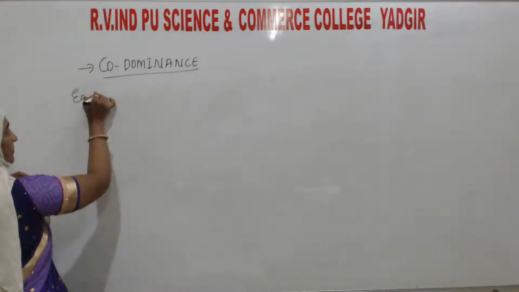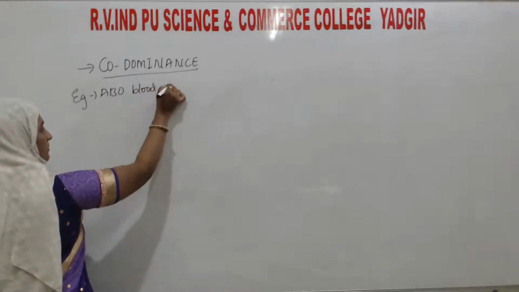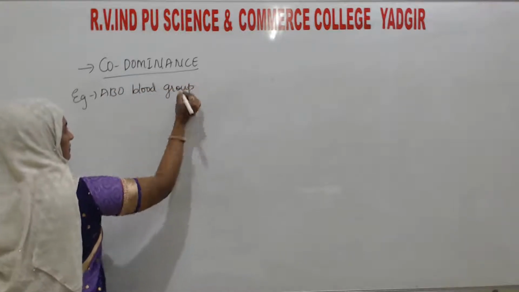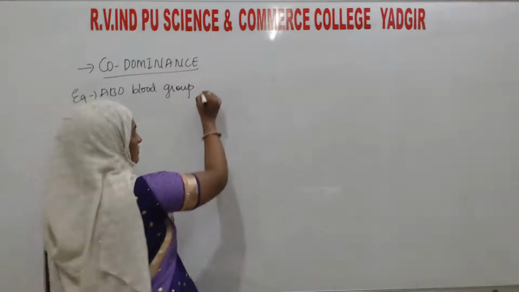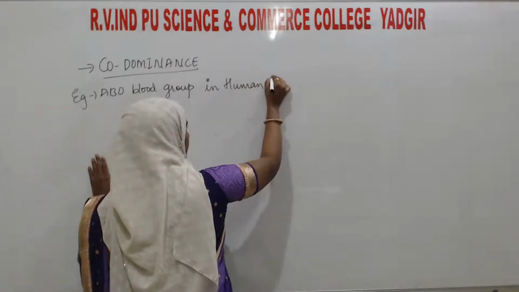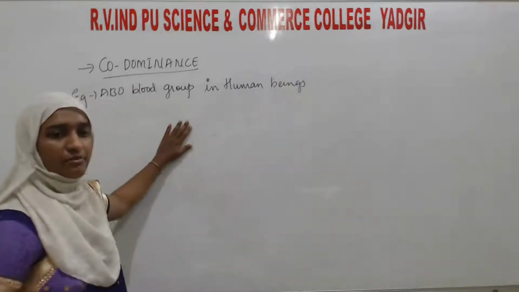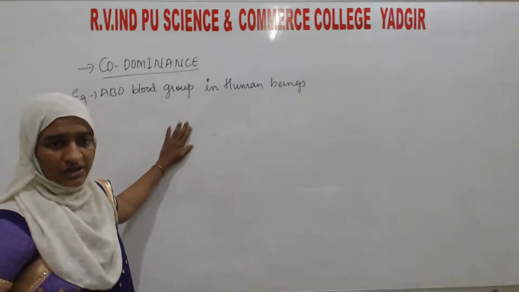Example, that is the ABO blood group in human beings. This is the example for what? Codominance. Already I had told you.